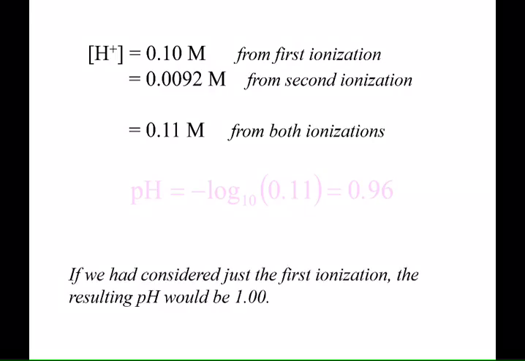If we take a pH from just the first ionization, where the molar concentration of the hydrogen ion is 0.10, if you take the log of 0.10, you get 1.00. So basically, you're comparing a pH of 1.0 to a pH of 0.96.